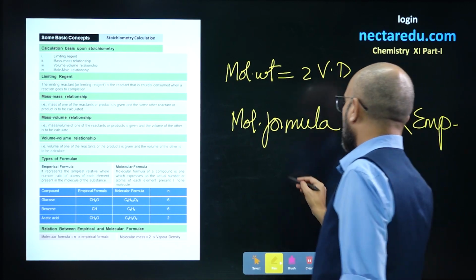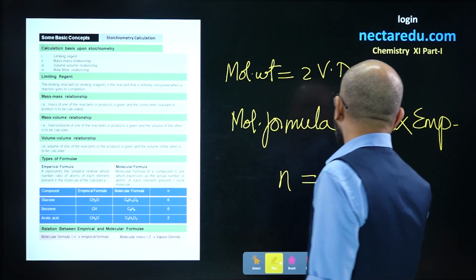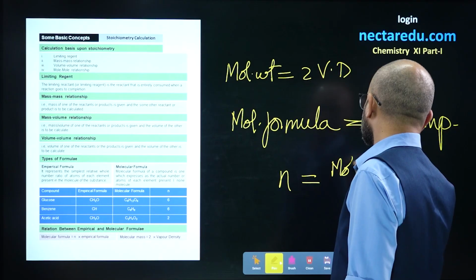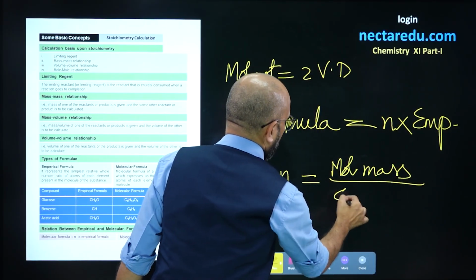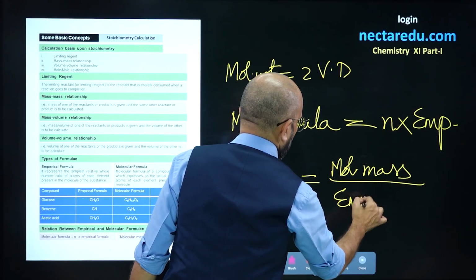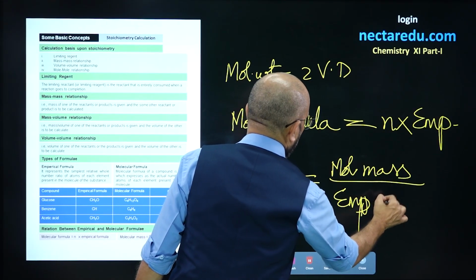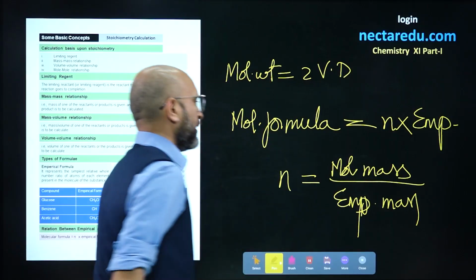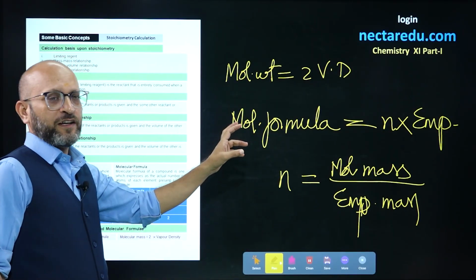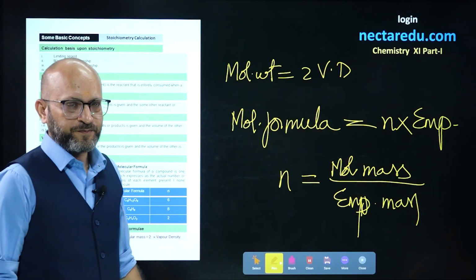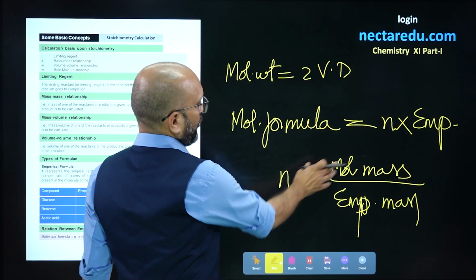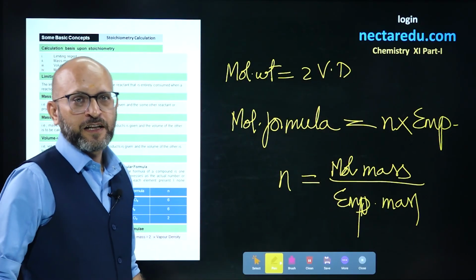What is n? n will be molecular mass divided by empirical mass. Molecular mass divided by empirical mass will give you n. From here, you can calculate the molecular formula. The molecular formula will be n times the empirical formula, right? And n is molecular mass by empirical mass. So that's it.